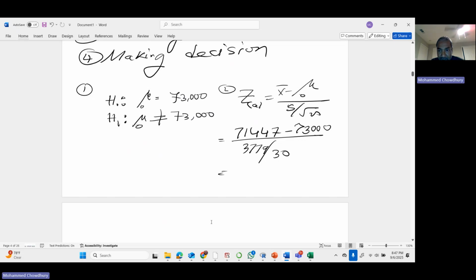Let me compute these things. Here is the square root of n.